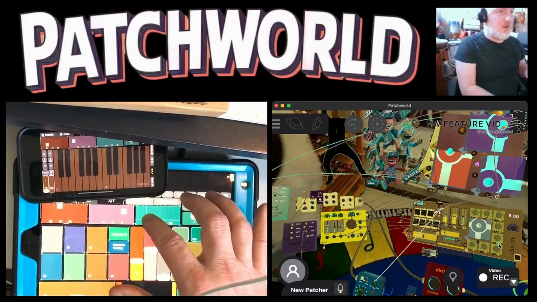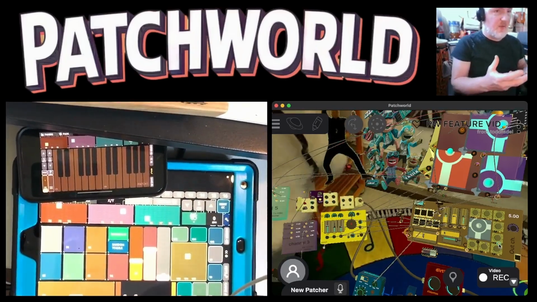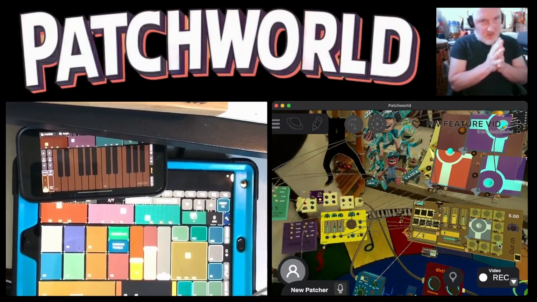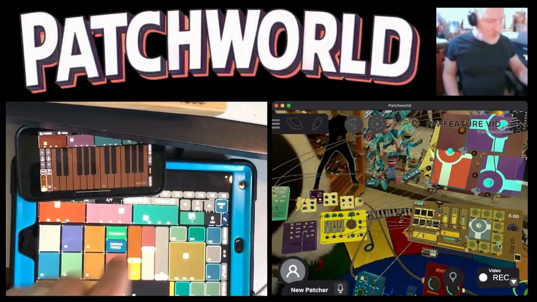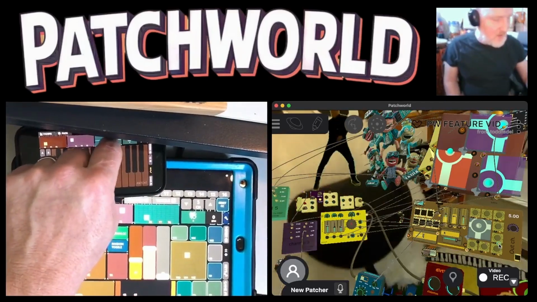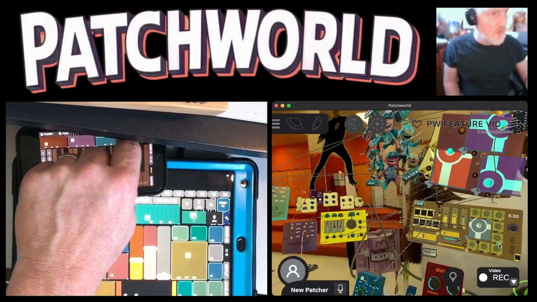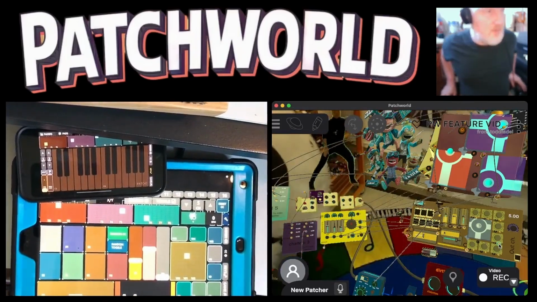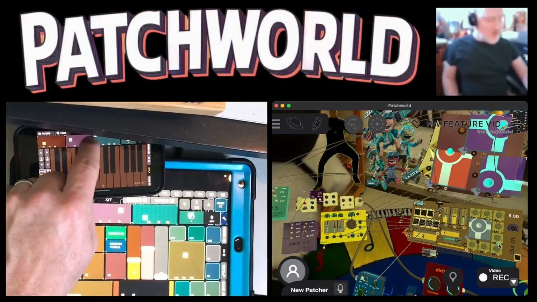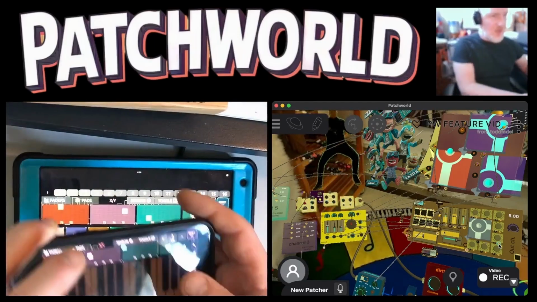Yeah, that means you can change any of the parts of your patch so that the audio is affected and the visuals are affected. Look at the visuals. You can move the screen around, or the background around, just by changing this toggle.